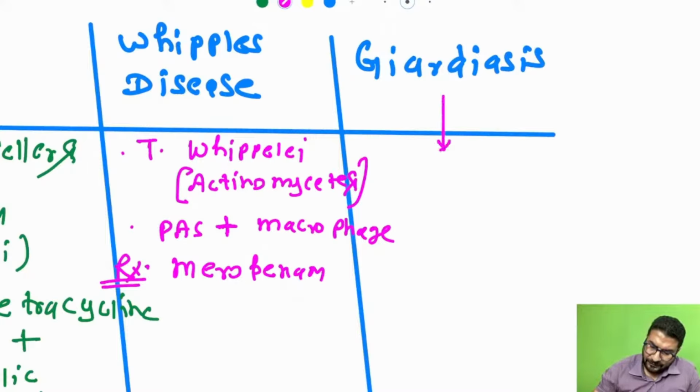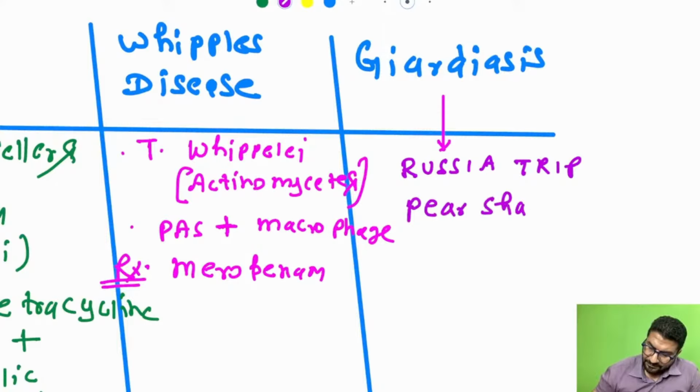So it is common, especially like there is a travel to Russia. So it is very common. Now try to understand this thing. This is something you will notice. Like accidentally it was discovered by Anton von Leeuwenhoek. You will see pear shaped organism. इसका शेप कैसा होगा, pear के जैसा.